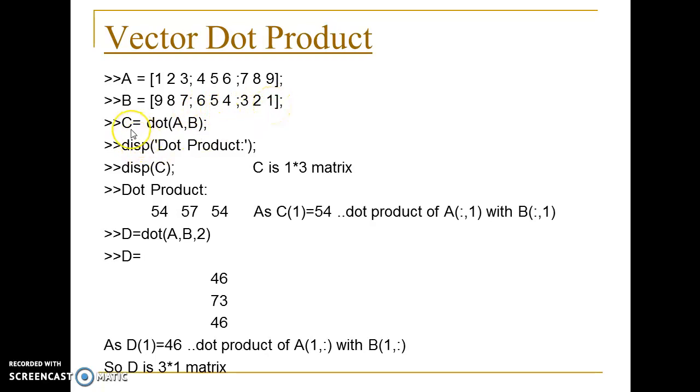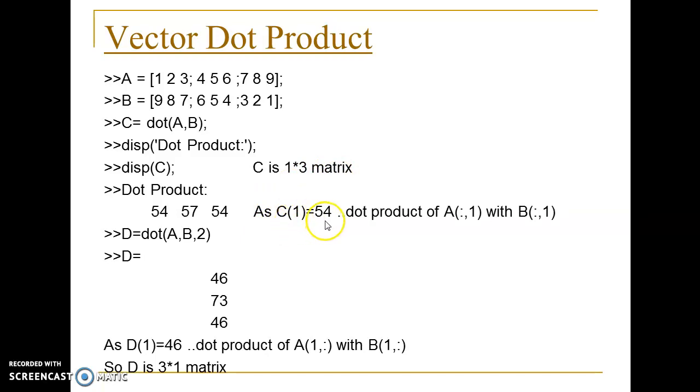And suppose I write C is equal to dot(A, B) and I want to get the result with the help of disp(C), then the dot product is like this: 54, 57, 54, whereas C is a 1 by 3 matrix. How can we get the answer?